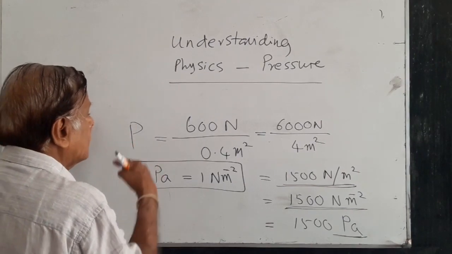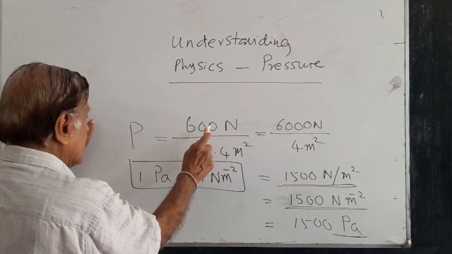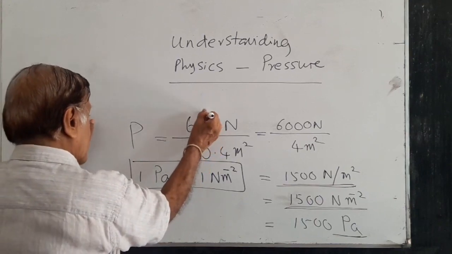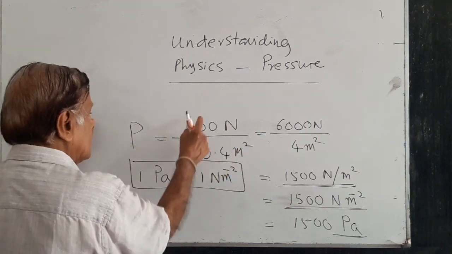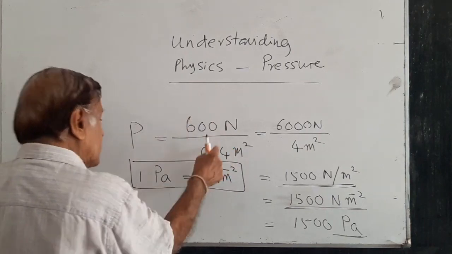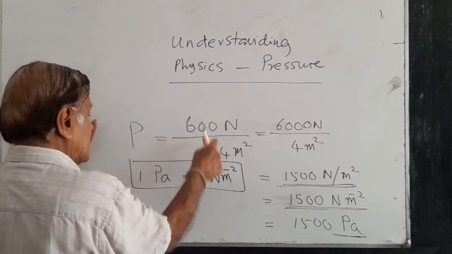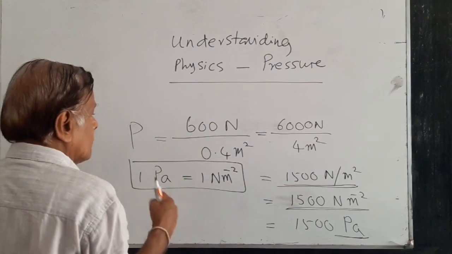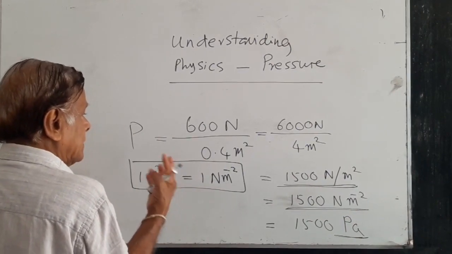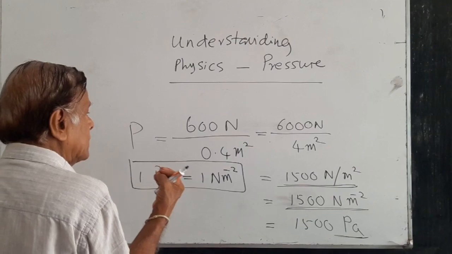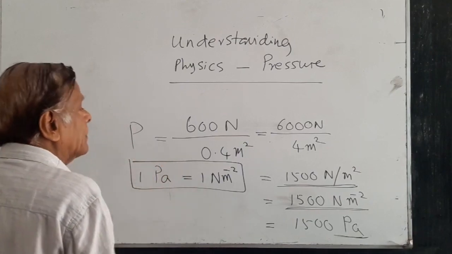Now what have we done to calculate the pressure? We have divided the force applied by the contact area. This force is acted on this area, no? Therefore divide the force by this area. Then you will get the force per unit area. Force acted on unit area is called the pressure.